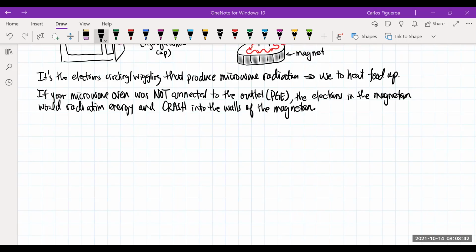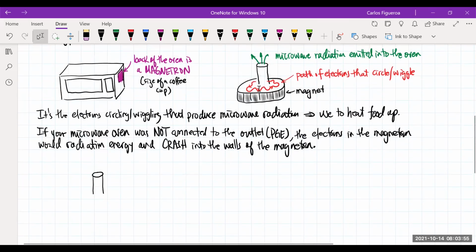So again, if I look at this, I have my magnetron. Just like I drew the picture up here, remember that they're circling as well as wiggling. This way they accelerate more and therefore they emit more radiation. I'm not going to draw in the wiggles here.